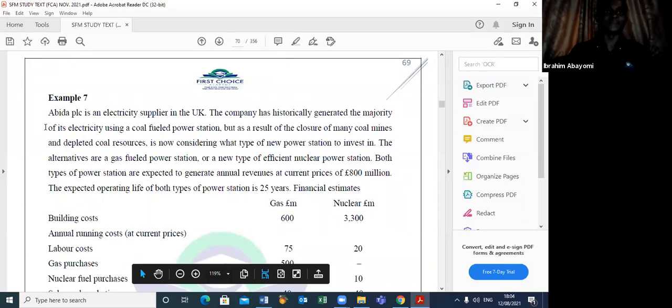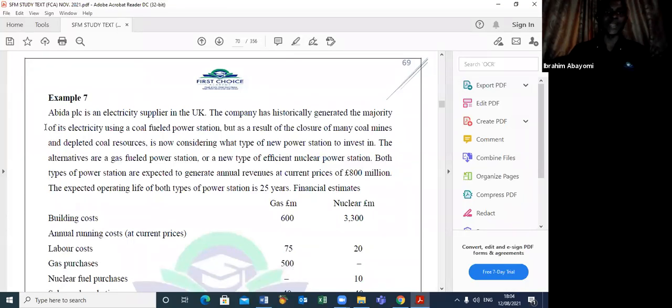Abida PSC is an electricity supplier in the UK. The company has historically generated the majority of its electricity using a coal fuel power station. But as a result of the closure of many coal mines and depleted coal resources, it is now considering what type of new power station to invest in.